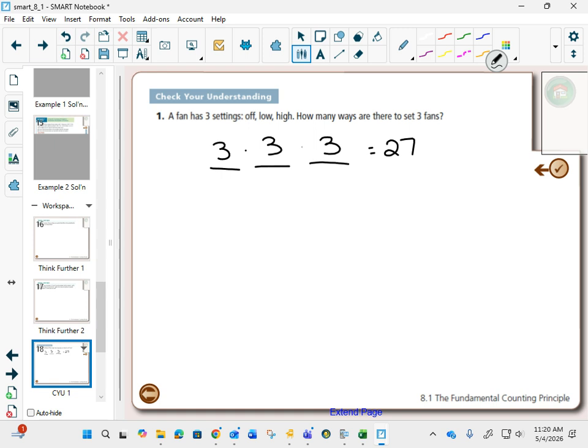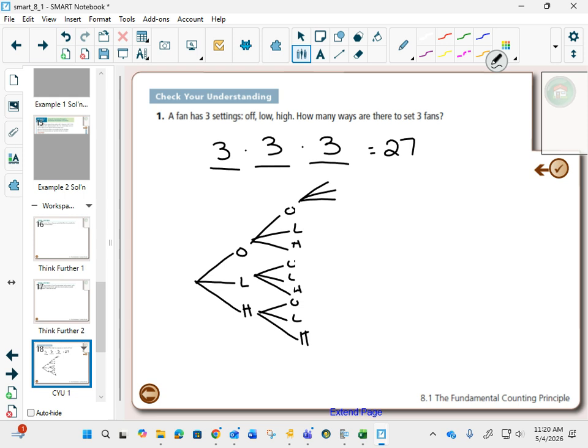If you had to list them all, the tree diagram would probably be off, low, high. It's a little bit, right? You wouldn't want to do too much more than this. It's off, low, high. Off, low, high, off, low, high, and then off of each of these 3, fan number 3. Oh my goodness.